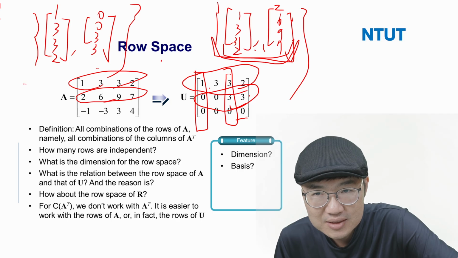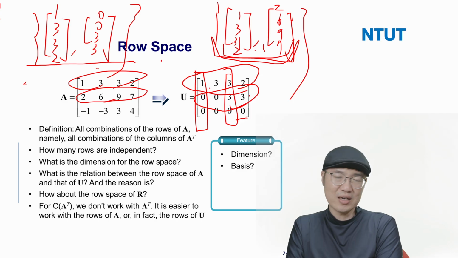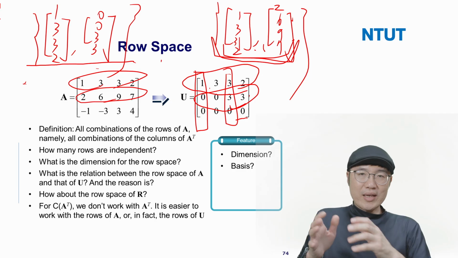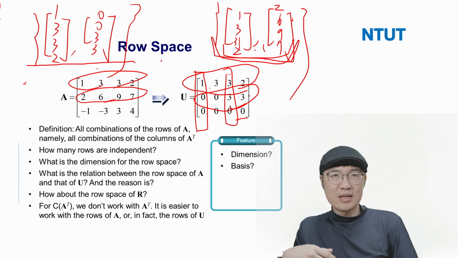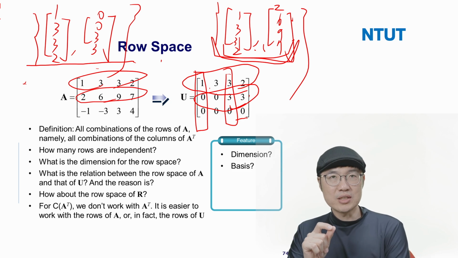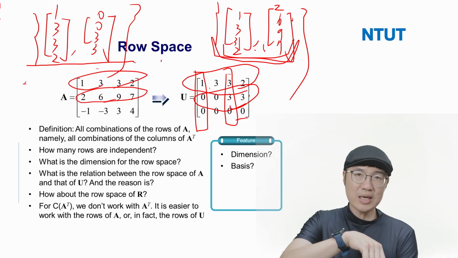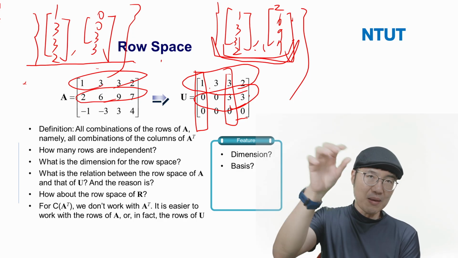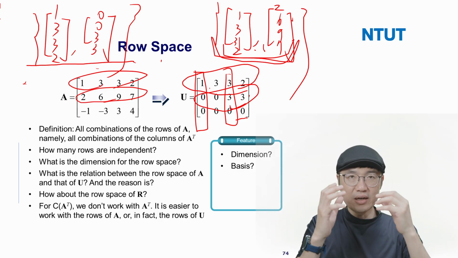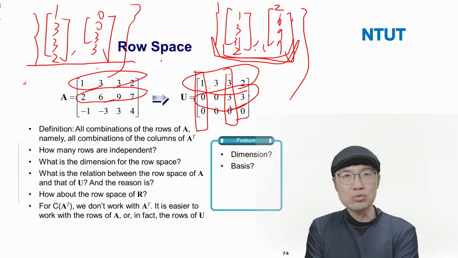But it's equally true that these rows are the basis for the row space, because when I get U from A, the only steps I did are row operations. I multiply some rows by a certain number and add it to other rows, right? So all these multiply something and add to some other rows is linear combination, and linear combination won't generate something new.